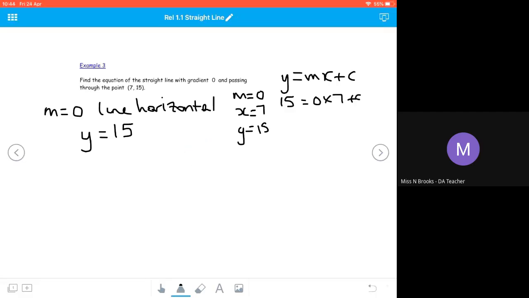And then I'm going to work out that 0 times 7 is 0, and add on the c, gives me c equals 15. And then if I write it as y equals 0x plus 15, I can simplify that to be y equals 15, because I know that 0 times x is just going to give me 0.